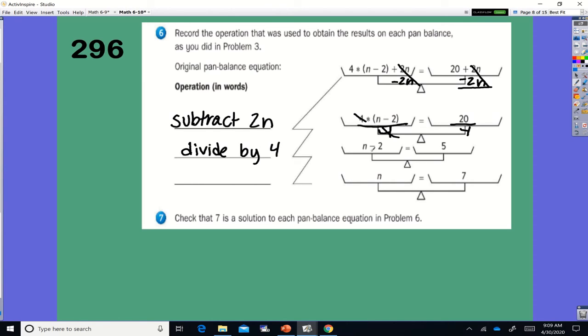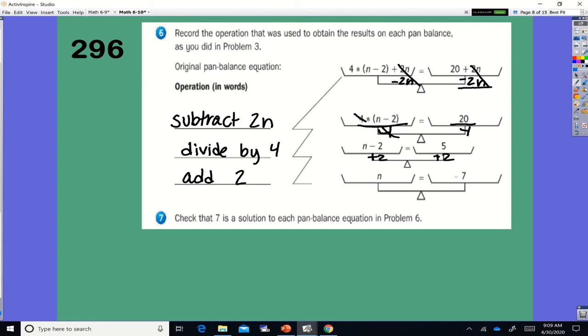Then here, I notice that this n is by itself, and the 5 becomes a 7. If I look here, it looks like they added 2 to each side. So they added 2 and they get 7.